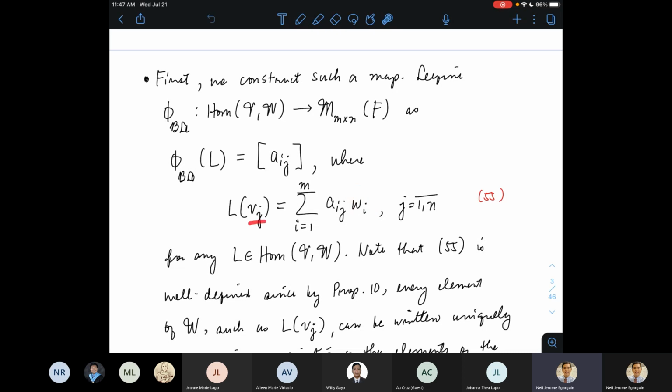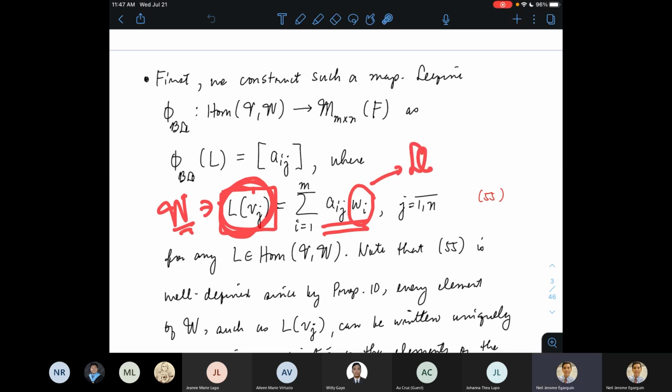Right? So yung mga Vj's, galing siya dun sa basis ni V. Ipapasok ko siya sa linear transformation. Of course, this image is an element of curly W, right? Kasi image na siya dun sa codomain. So this goes to W, but W is a vector space, so that means this element, L of Vj, can be written uniquely as a linear combination of elements of the basis for W, right?